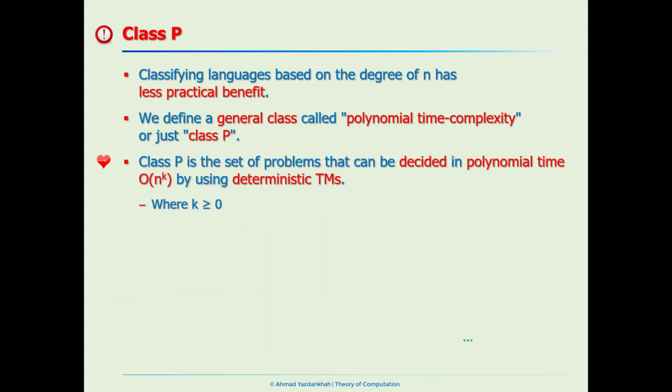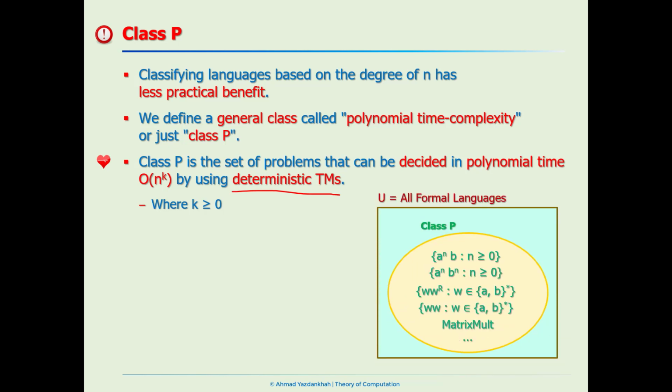So what is the definition of class P? Class P is the set of problems that can be decided in polynomial time by a deterministic Turing machine. So in other words, we create this class P here and we put all of those problems here.